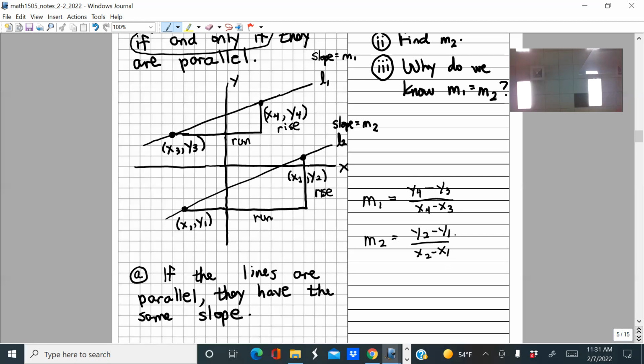So these 2 fractions really are the same, right? These 2 slopes really are the same. That's just a direct consequence of the similar triangle theorem. That's really all you have to say. By the similar triangle theorem, which we already were taking to be true, the ratios of these sides are the same.